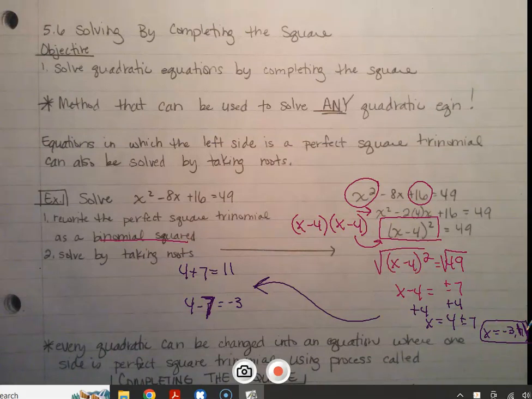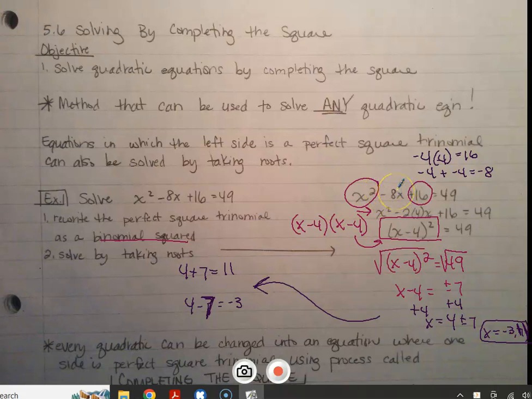Okay, how did you handle the 16? We just broke it into a binomial, right? Because -4 times -4 would equal 16, and -4 plus -4 would equal the -8.